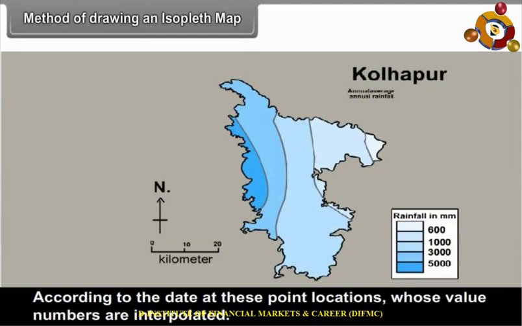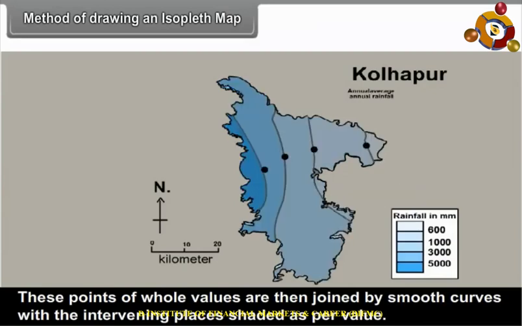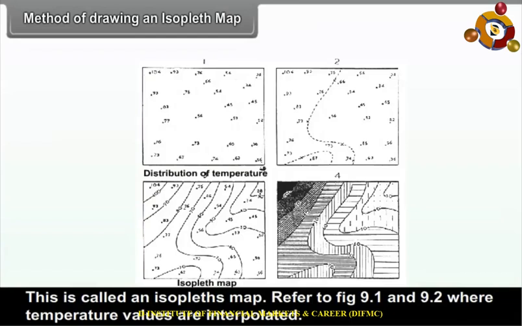According to the data at these point locations whose values are interpolated, these points of equal values are then joined by smooth curves with the intervening places shaded as per the value. This is called an isopleth map. Refer to figure 9.1 and 9.2 where temperature values are interpolated.